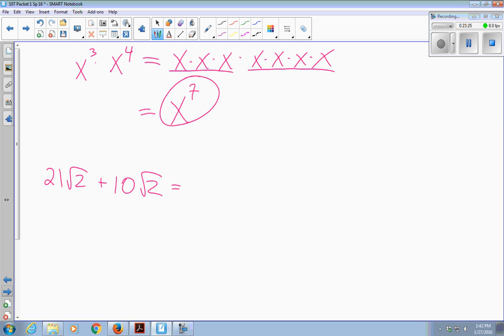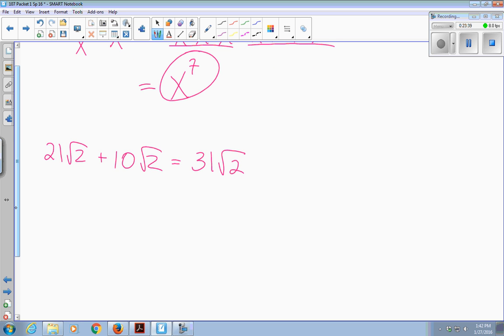This is 21 copies of root 2 added together plus 10 copies of root 2 added together. So that makes a total of 31 copies of root 2. Right? So again, 21 times square root of 2. Multiplication just means repeated addition, right? So this means take root 2 and add it to itself 21 times.